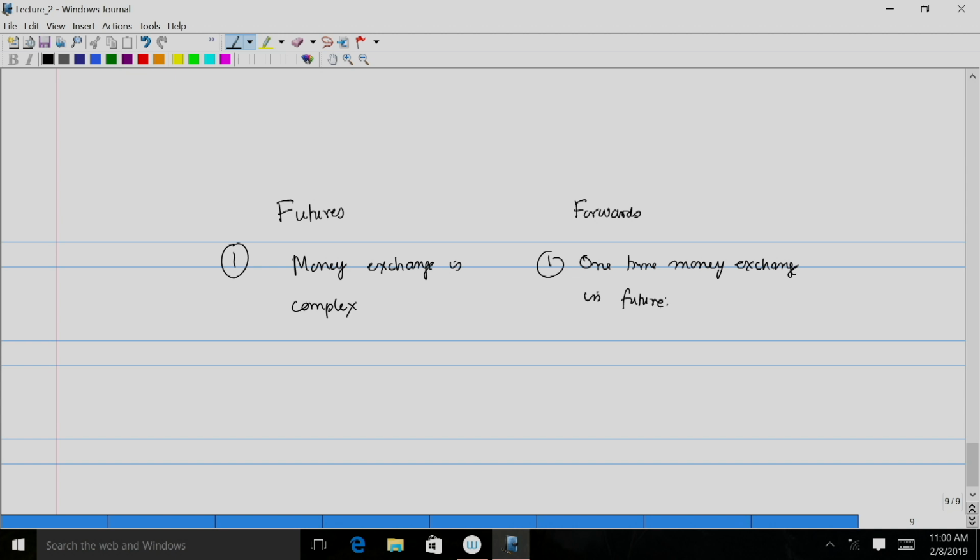By money exchange is complex, I mean that when the agreement is signed, suppose that the agreement is to exchange the good for money at a future time point 6 months down the line, depending on the movement of the underlying price, at some point one party or the other is likely to default on this agreement.